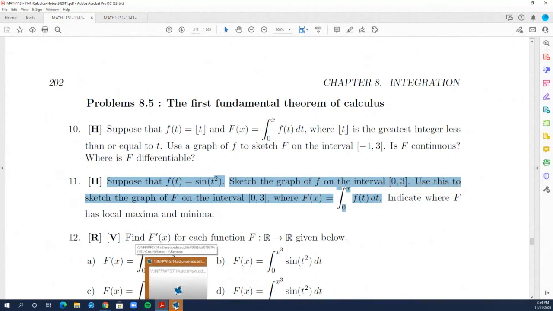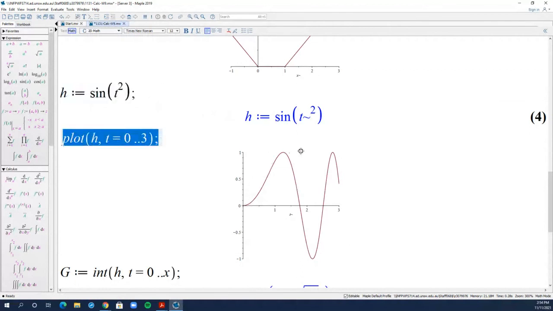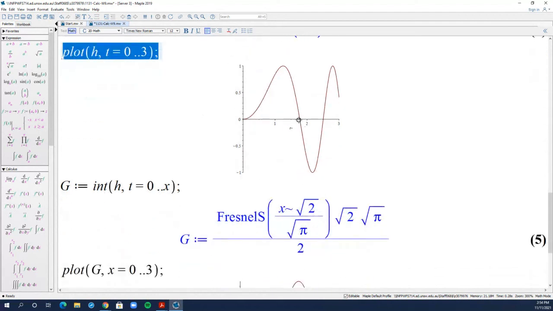Okay. So if I go back then to this, it's easy to do in Maple. Here's my function. I've plotted it. Think about the integral as area under a curve. So where this touches the axis, that's where the integral function will have a maximum. Then the integral function will decrease.